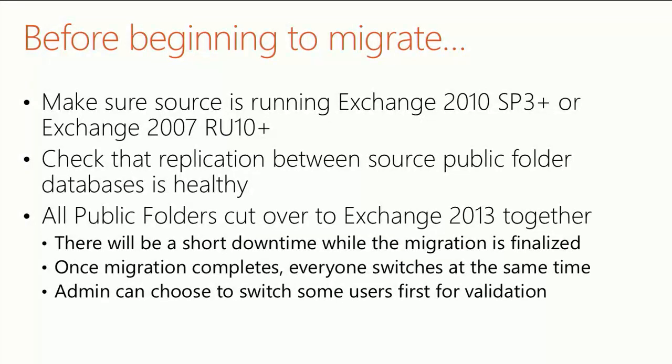There's no half of the folders on the legacy side on Exchange 2010, and half of the folders on Exchange 2013 or on Exchange Online. And the requirement, as Kanika already said, is that you have to have your mailboxes on Exchange 2013 before you think about public folder migration.